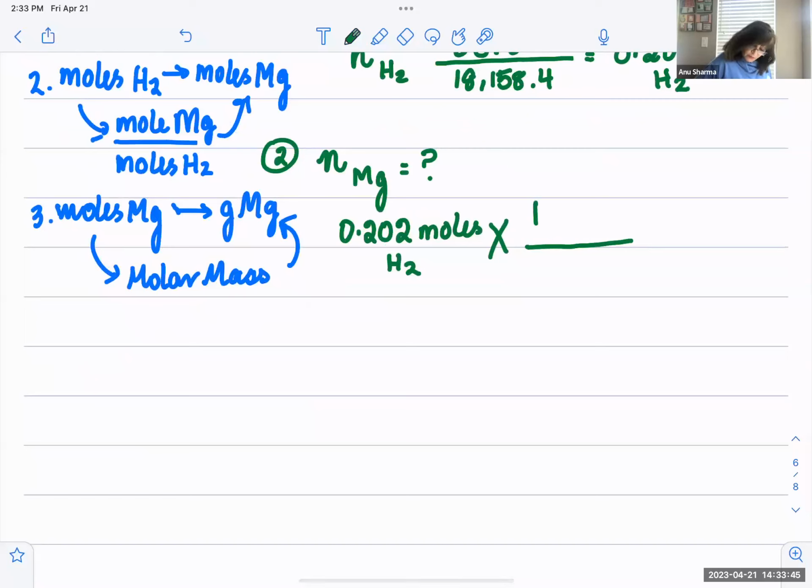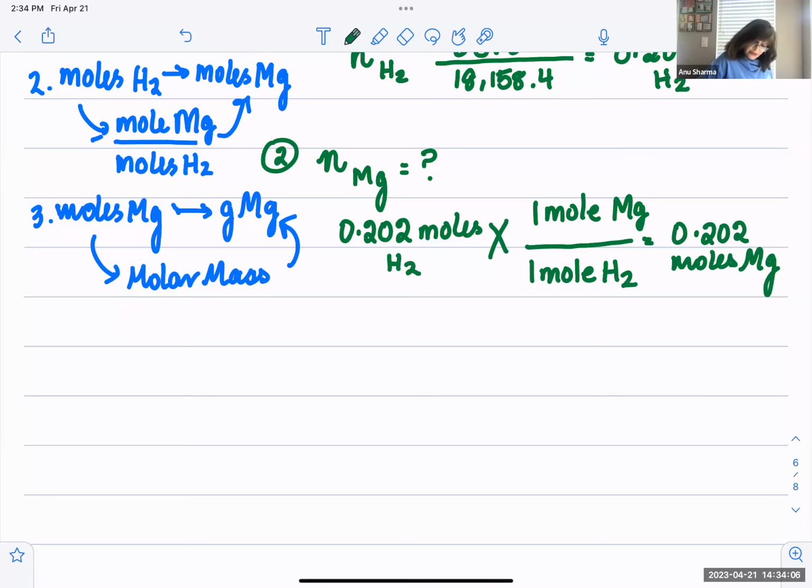So 1 mole of magnesium over 1 mole of hydrogen. So this is 0.202 moles of magnesium. Okay, so here you see the moles of hydrogen and moles of hydrogen cancel out.